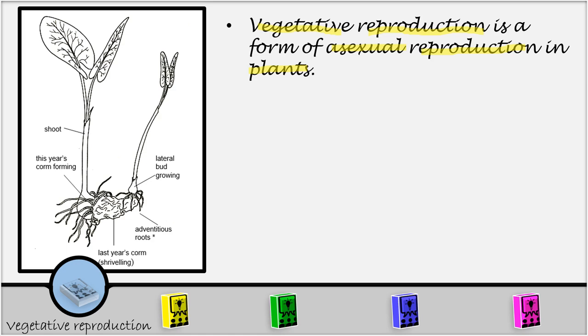When we say asexual reproduction, this means that there is no use of gametes, but we use parts of the plant to reproduce, but no gametes.